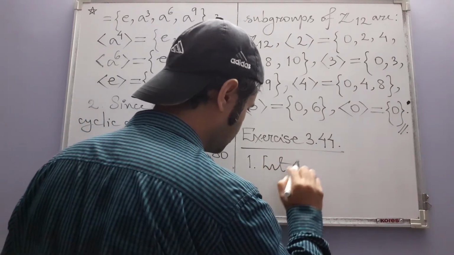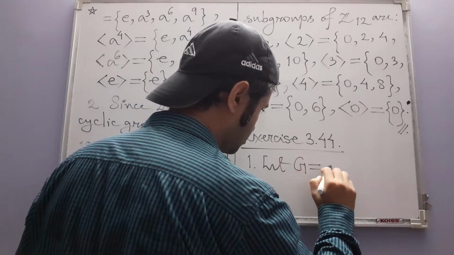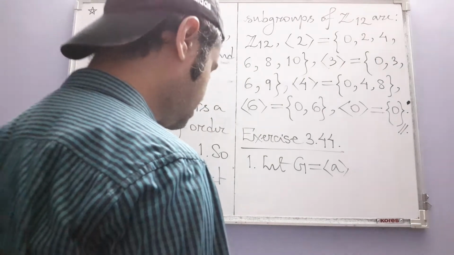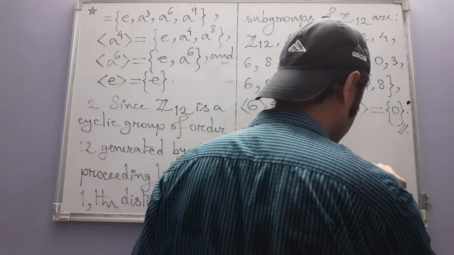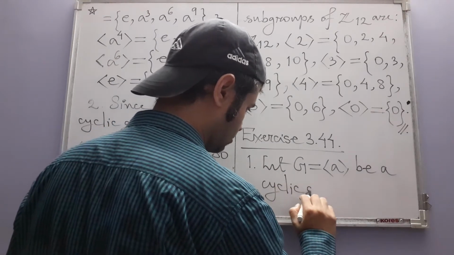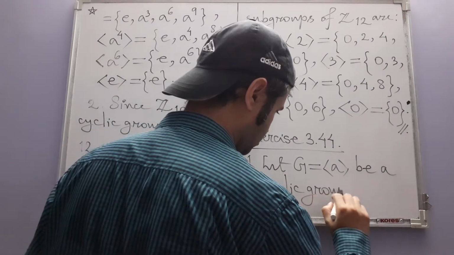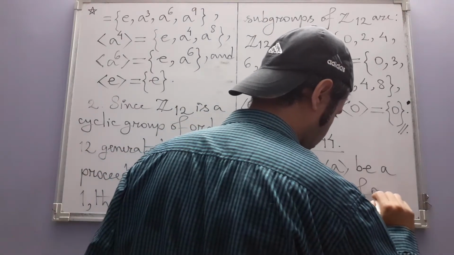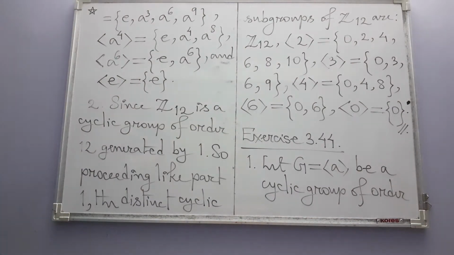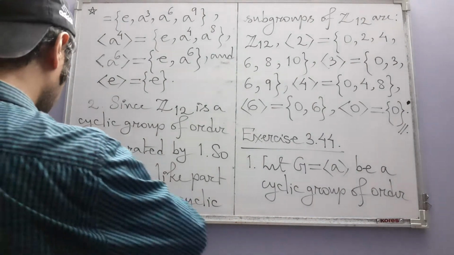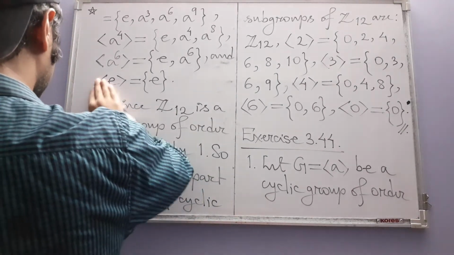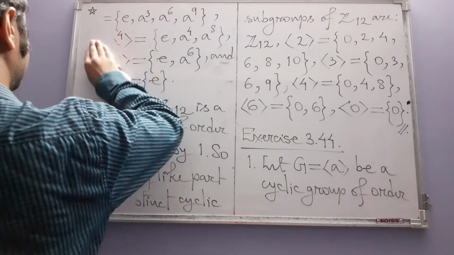Let G equal to A within angular brackets be a cyclic group of order, this is a little larger than the ones we were considering in the first exercise, that is, it has order 120.